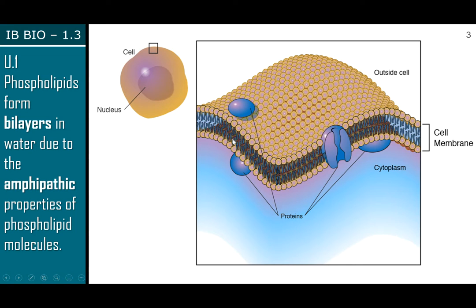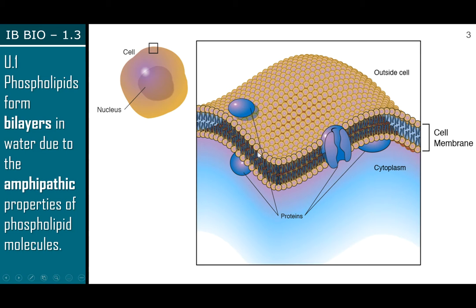We're talking about phospholipids that make up the cell membrane, and we're going to be talking about proteins that are embedded in the membrane. So we talked about what amphipathic means in topic two, but we'll go over it again in a second. This visualization is just to remind you what we're talking about. So here's a cell, and here's the nucleus, and then there's the membrane. And if we zoom in, you can see there's this bilayer, bi meaning two, right?